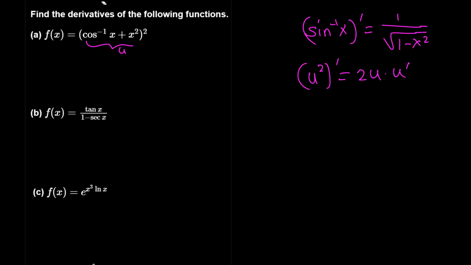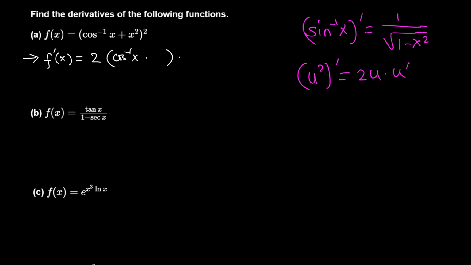So u is the inside function, so the derivative here, u squared means 2u times u prime. So u is cosine inverse x plus x squared, times u prime.